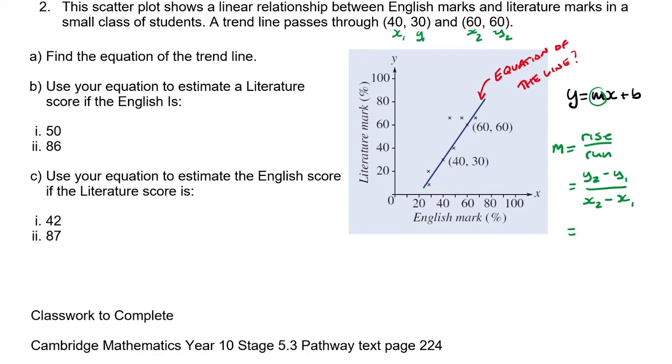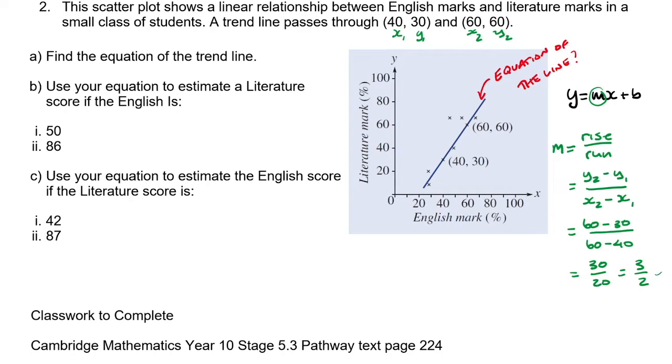So y2 is 60 minus 30 all over 60 minus 40. So now we're going to have 30 over 20, which equals 3 over 2. So there is our gradient.